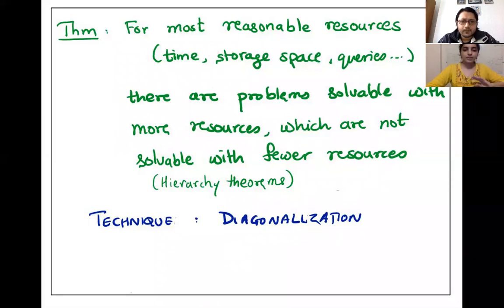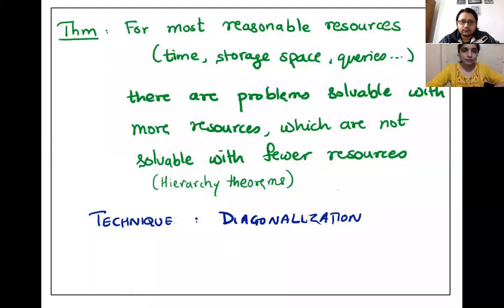These are called hierarchy theorems. So it is known, for instance, that there are problems that can be solved in time n to the 5, which are provably not solvable in time n square.